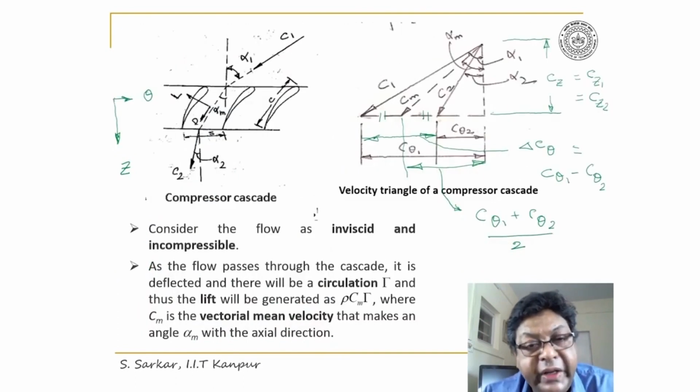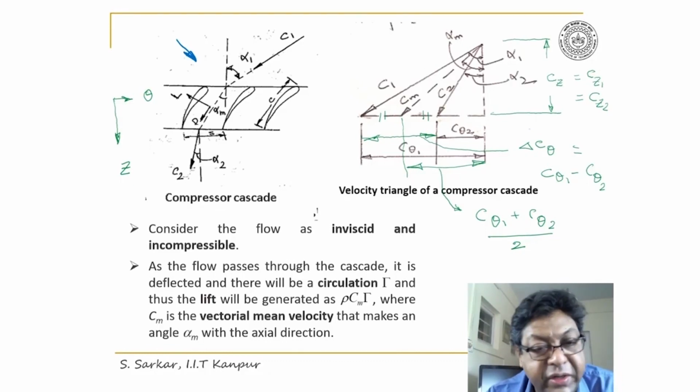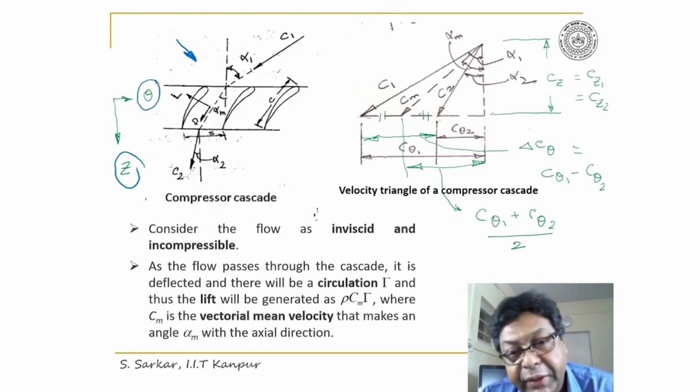I will now carry out the performance analysis of a compression cascade. So I have indicated here a schematic illustrating the orientation of the blade, where Z is the axial direction and theta is the circumferential direction.